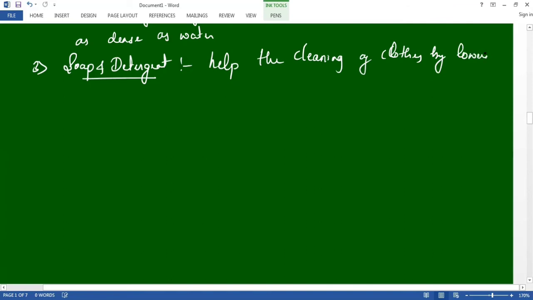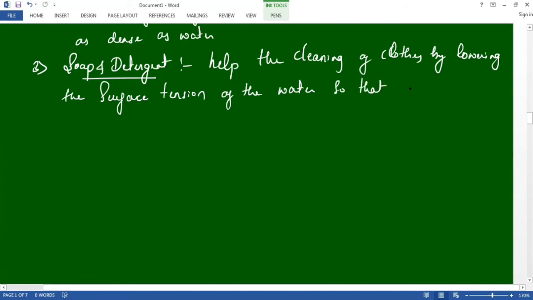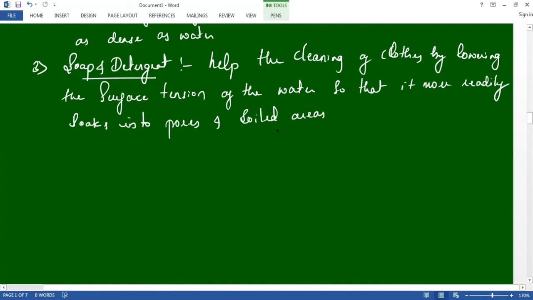Obviously, soap and detergent will lower the surface tension of the water, so that it more readily soaks into pores and soil areas.